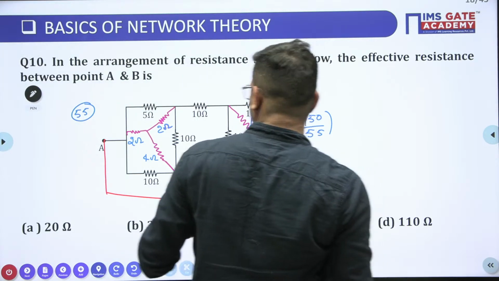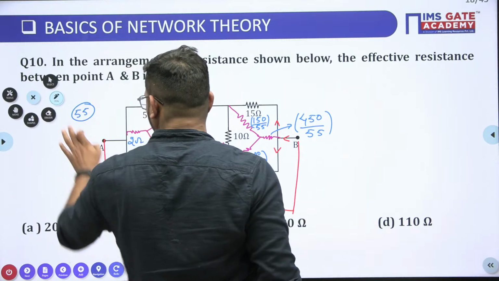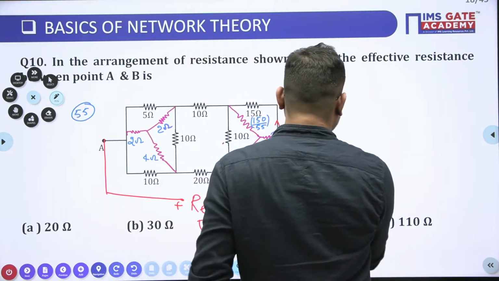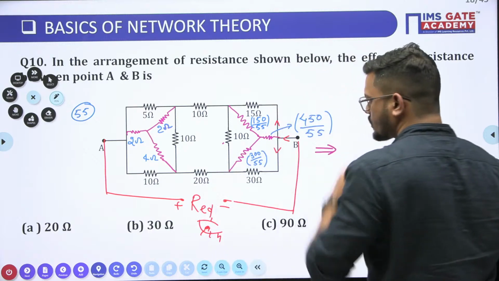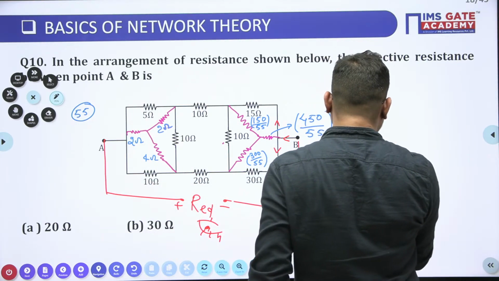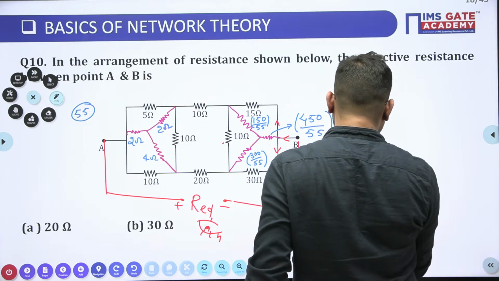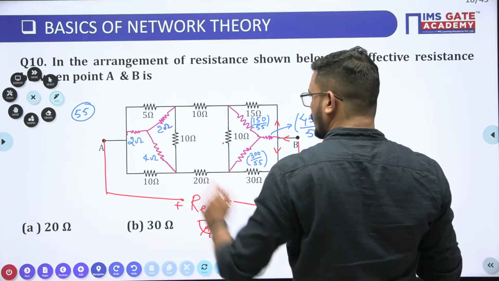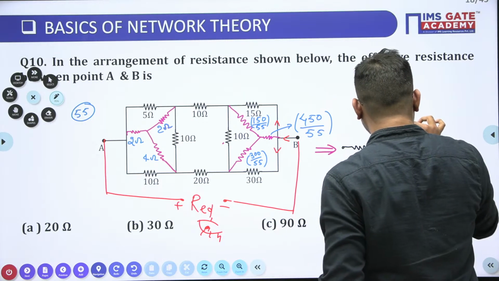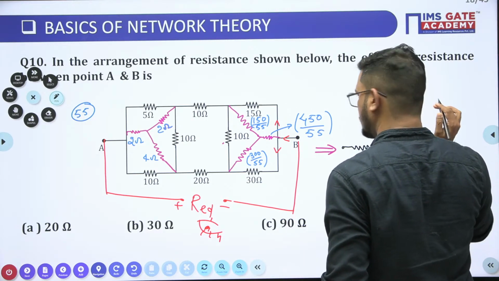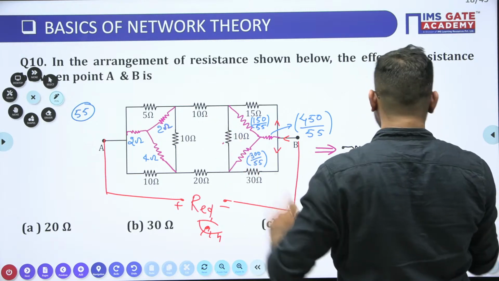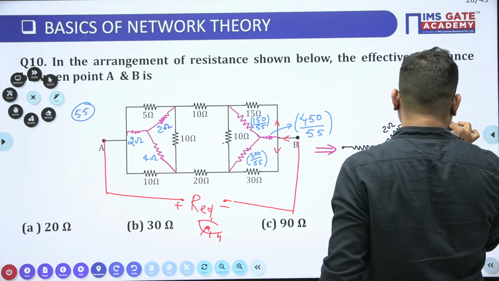Now again I am drawing this circuit, the equivalent circuit of this. As we have a 2 ohm resistor, this is the 2 ohm resistor, and this resistance is of 10 ohm.